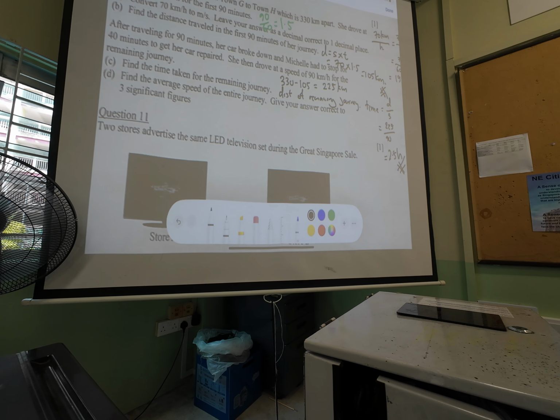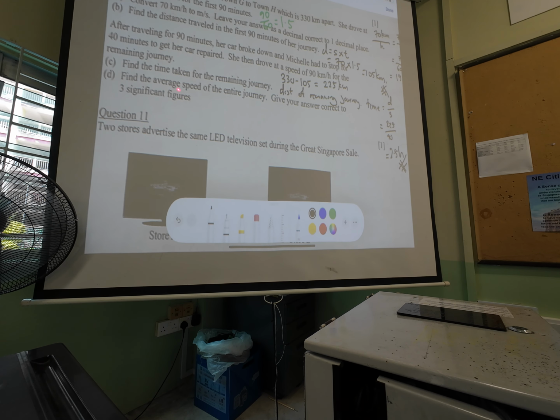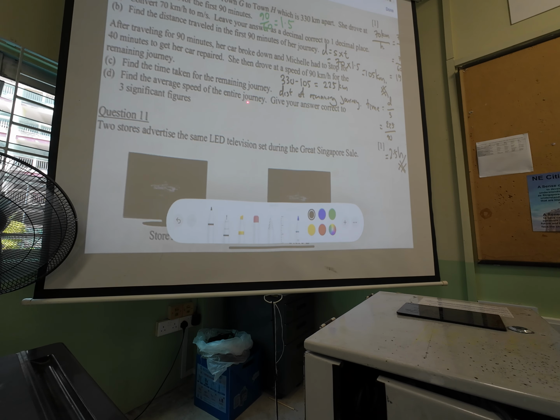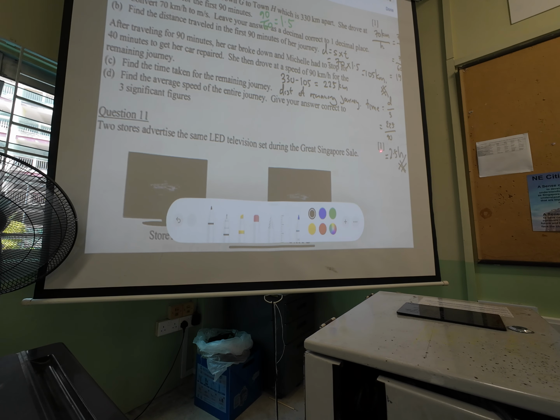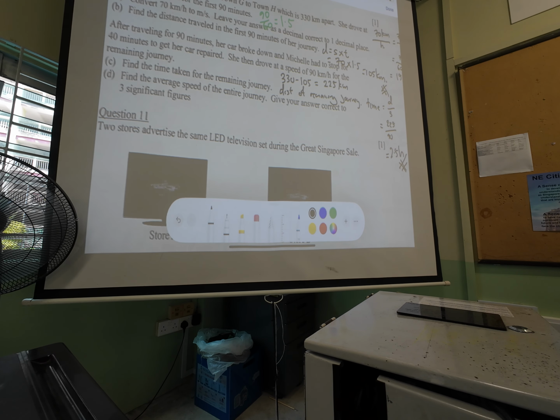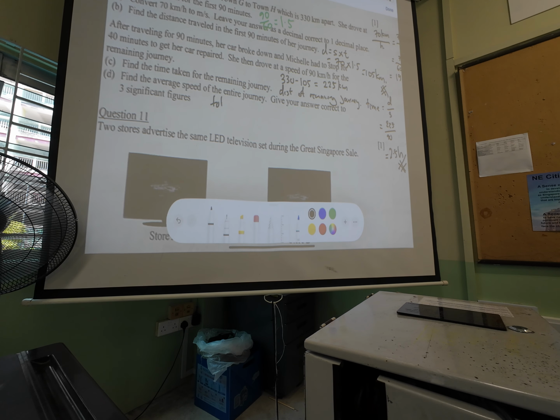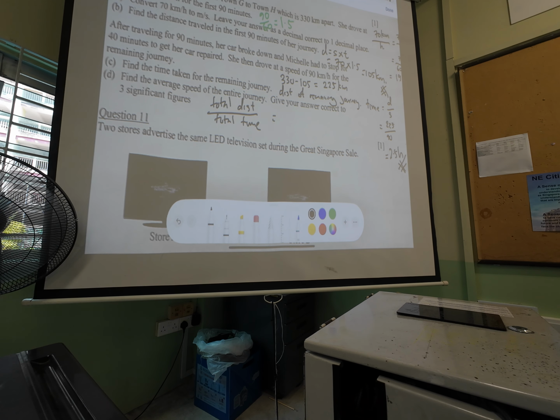Okay, after this question, find the average speed of the entire journey. Average speed means the total journey, total distance divided by the total time. I don't care about individual part, what is the speed. I just want total distance divided by total time.